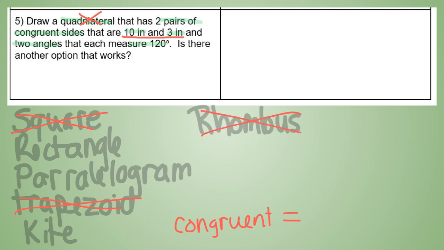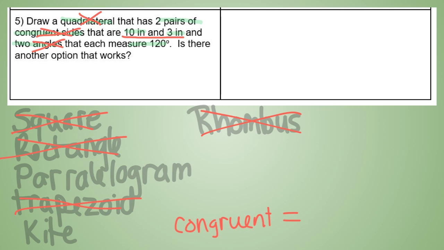All right. So let's see what we've got going on here. We also need, so we took care of that, 2 angles at 120. So that takes care of our rectangle, because those all have to be 90. So I feel like we have 2 options left. Let's see if we can draw them.